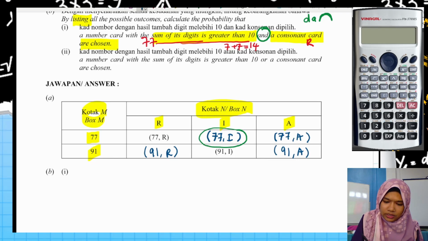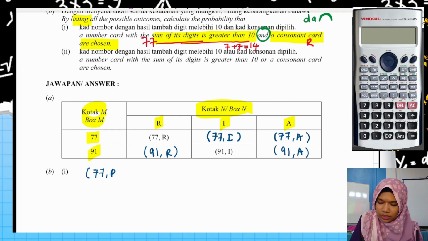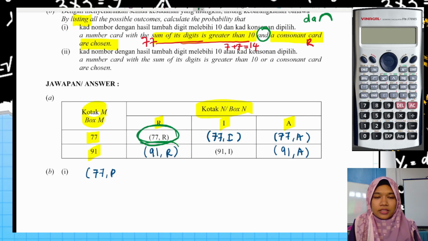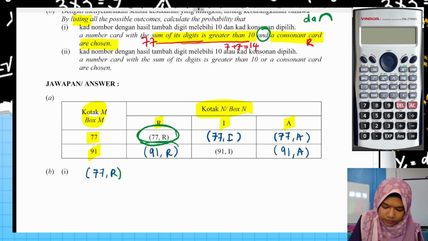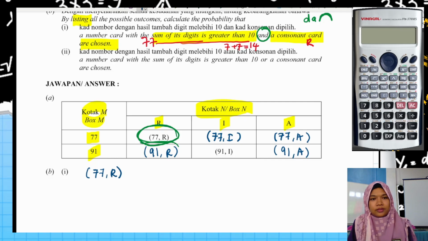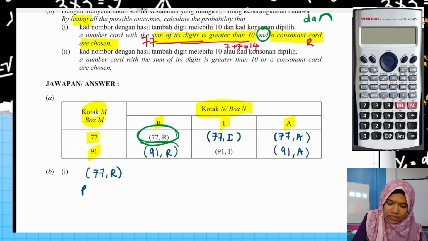So here the listing is 77 I. Siapa cikgu I? Yang ni. Okay. This one. Okay, 77 R. Ish. 77 R. Okay. So, cuma ada satu sahaja yang fulfill. Okay. So, the probability for example PA lah. Okay.